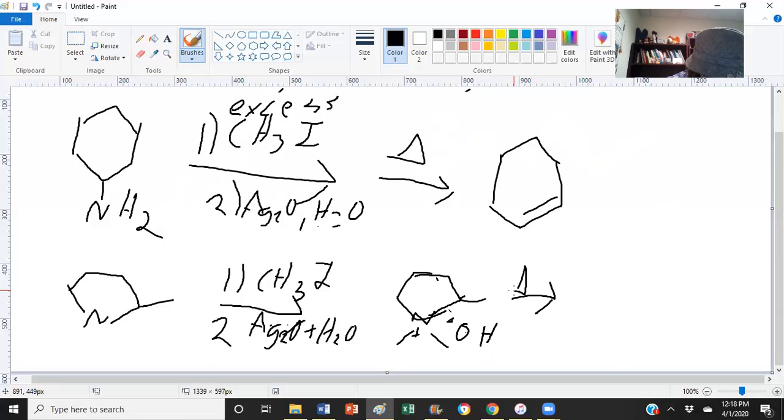So looking at this, we're going to either form a double bond between here, I'm going to actually mark this double bond either here and kick off that, or a double bond here, or a double bond here.